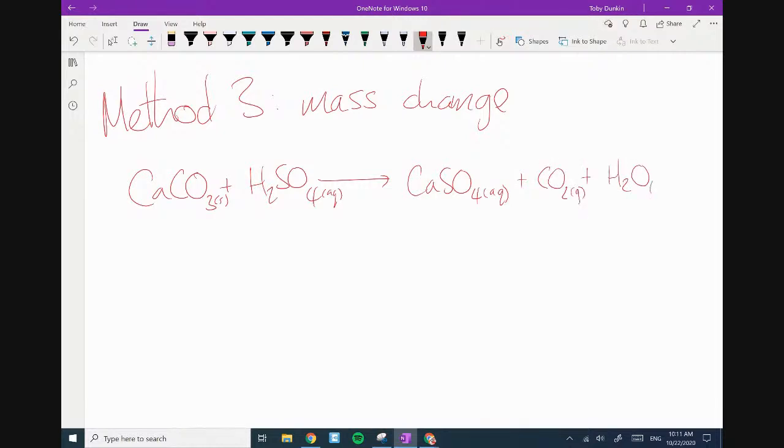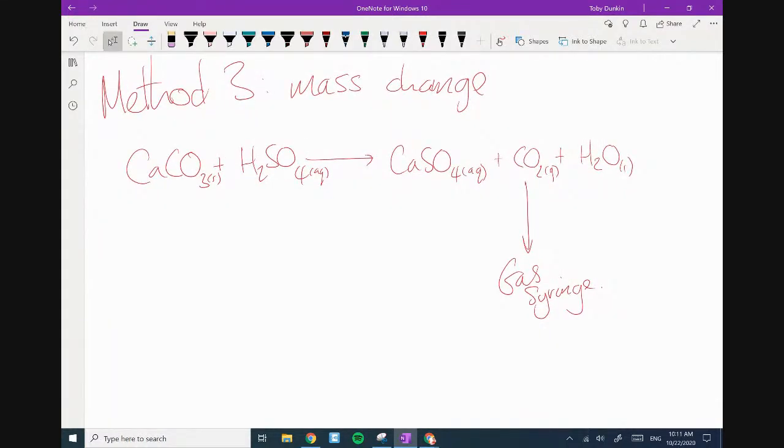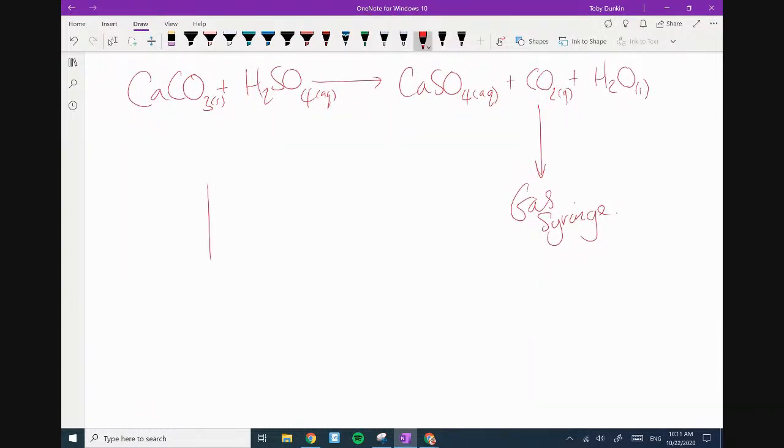So we've got 2 choices here. Straight away, we've seen the gas symbol, so the method of choice would be a gas syringe. However, what happens if you haven't got a gas syringe? There's an alternative called the mass change method. You take your conical flask and sit it on top of a set of scales, and once the reaction starts, I'm going to put some cotton wool in the top.